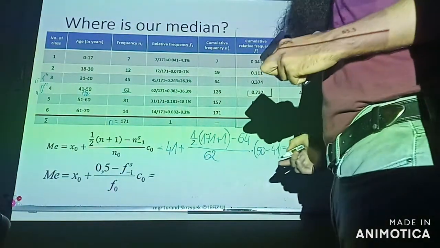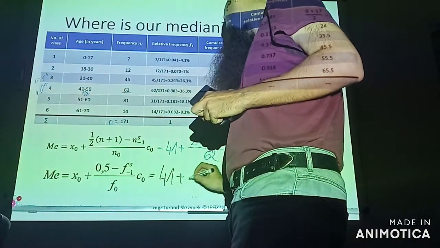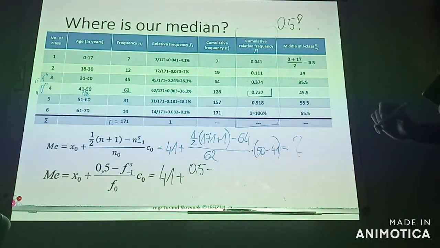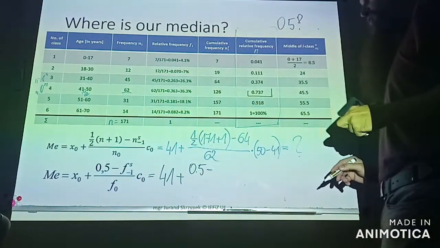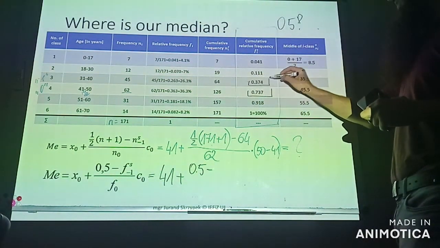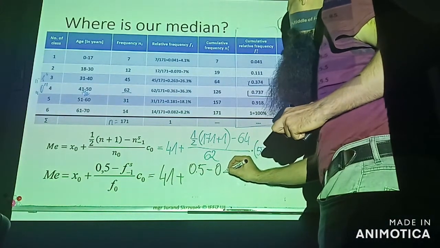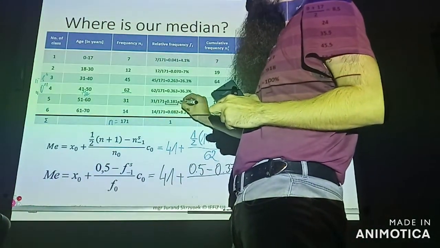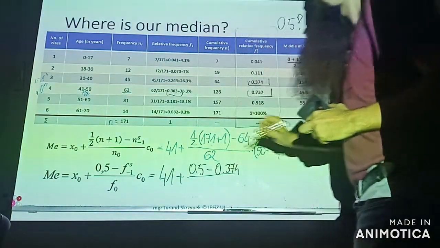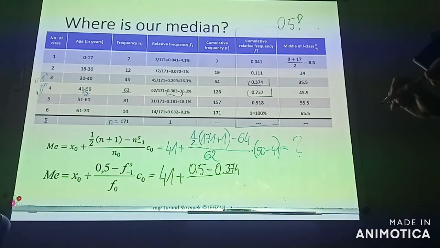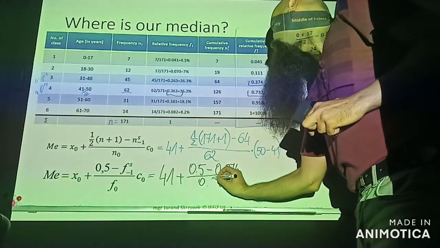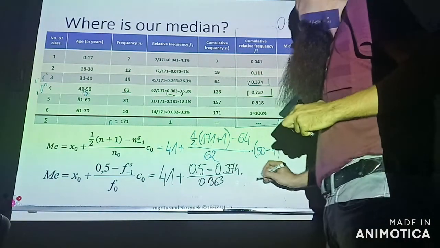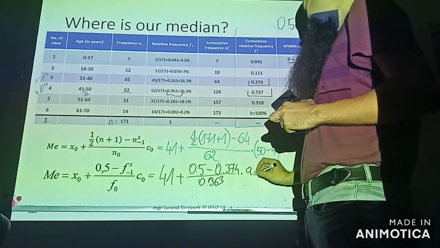So, of course, we have similar categories, 41 plus a half minus the relative cumulative frequency from the previous class, from the -1 level, which is 0.374, divided by f0, 0.363, and this fraction is multiplied by 9, of course.